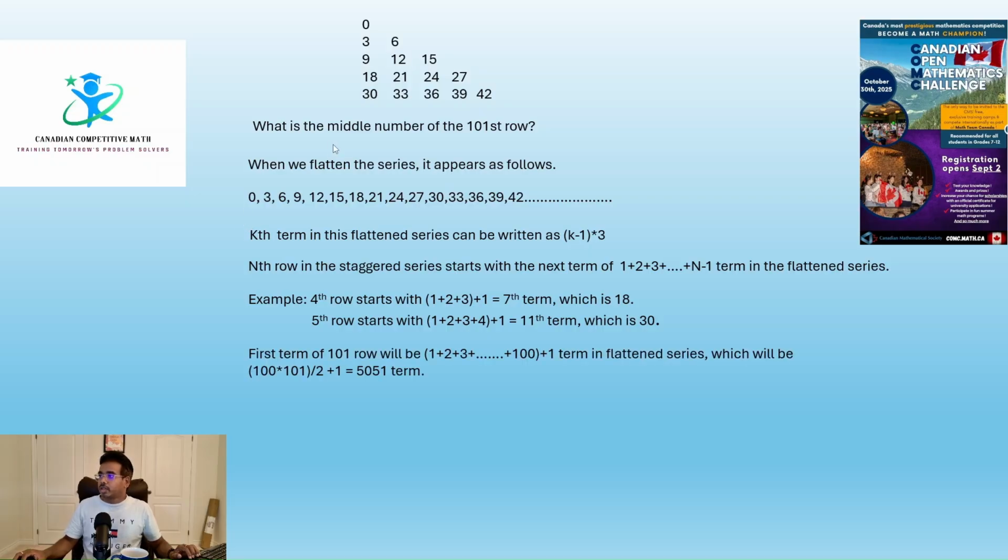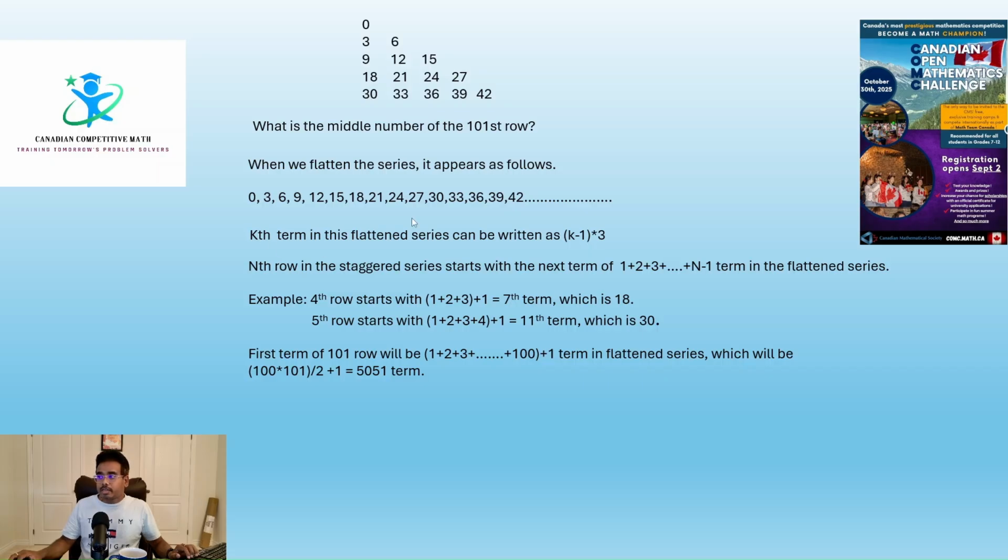Now they are asking us for the middle number of the 101st row. So we need to find the starting term of the 101st row. The first term of the 101st row, similar to what we did here, we add up all the numbers plus 1, which will be the 5051st term in this series.